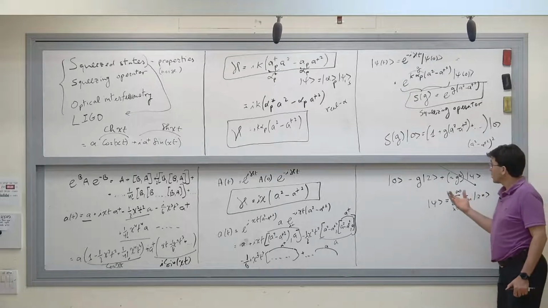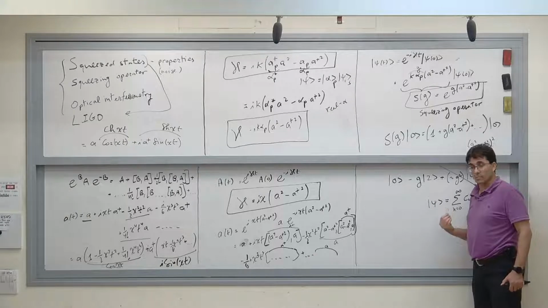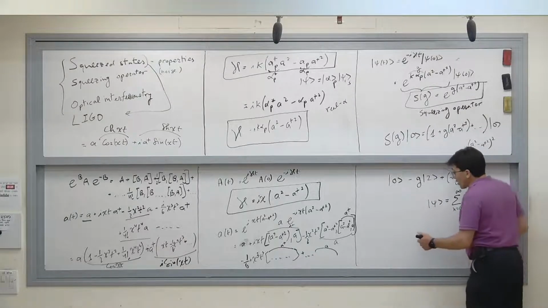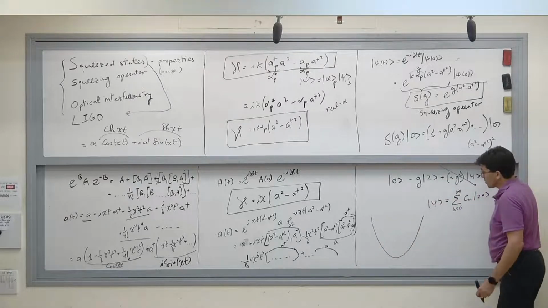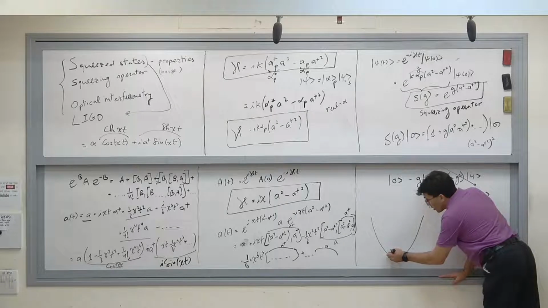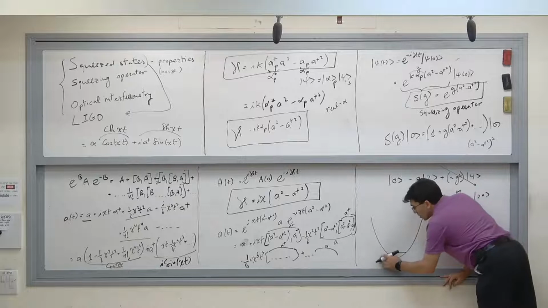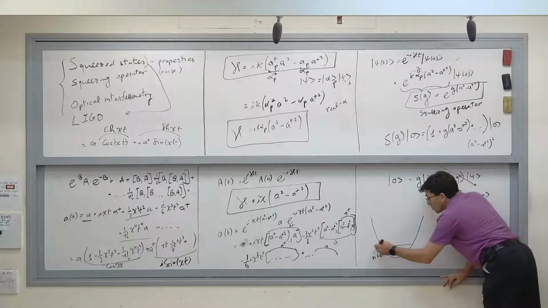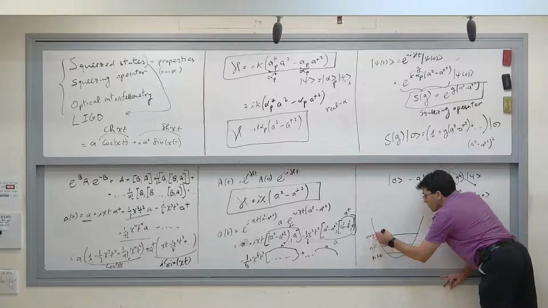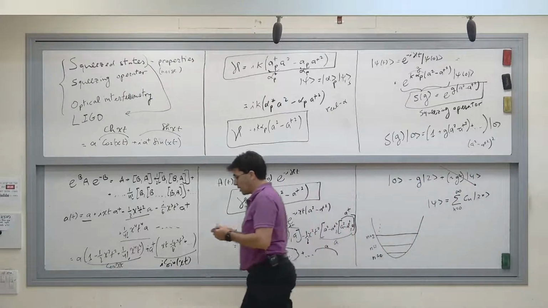Let's go back to those states in the position representation. So here is my oscillator. Here is the vacuum, the 0 state. Here is state number 1. Here is state number 2. And of course, there are many states out there, and they're equally spaced.